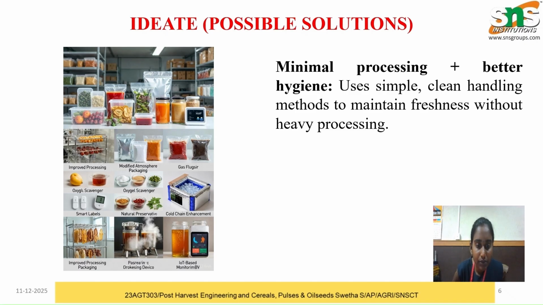In this picture we can see IoT based monitoring and improved packaging, like vacuum packaging, MAP, CAP, and also oxygen scavengers and moisture absorbers. They also have different storage methods like freezing, canning, etc. These are the ideas or possible solutions, and then we have to develop a prototype.